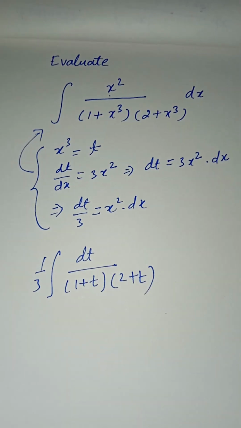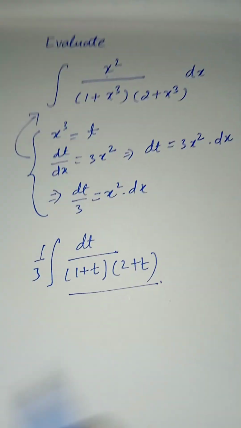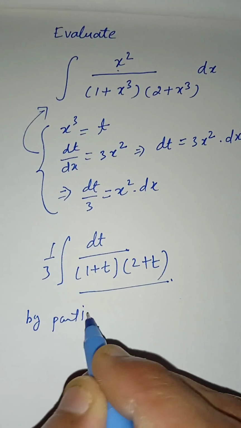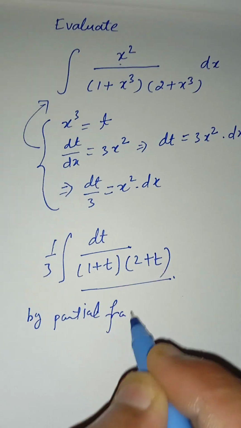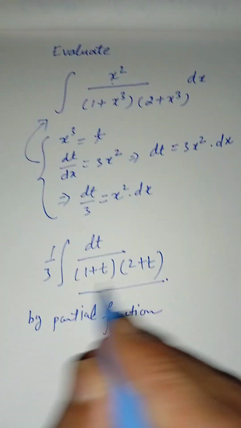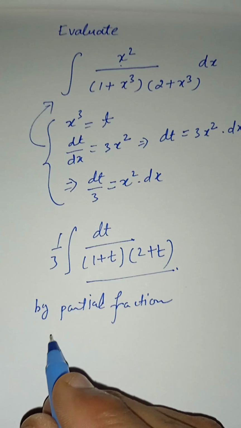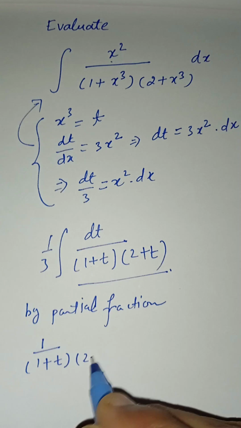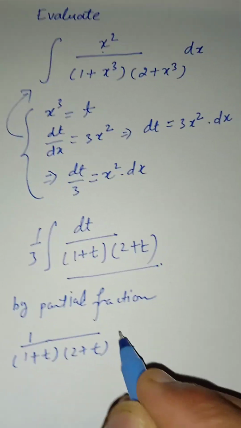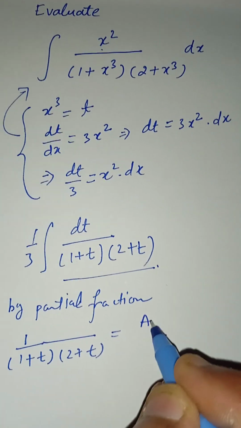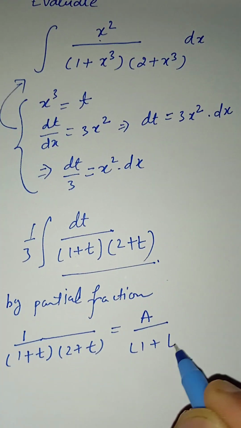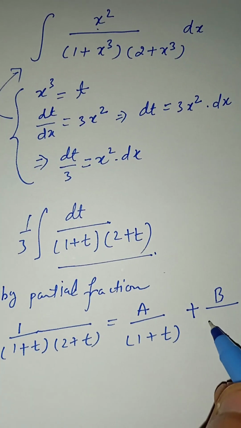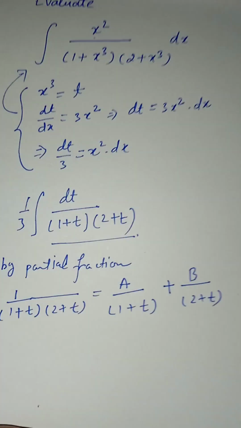Now you can solve this by partial fractions. So we assume the integrand 1 by (1 plus t)(2 plus t) is equal to a by (1 plus t) plus b by (2 plus t).